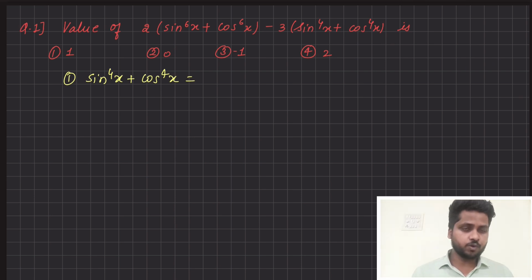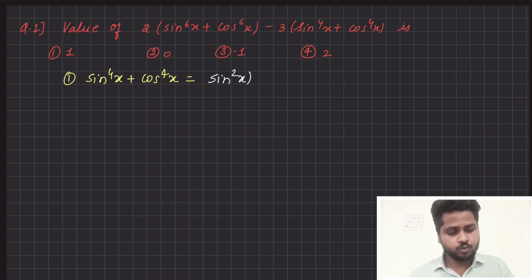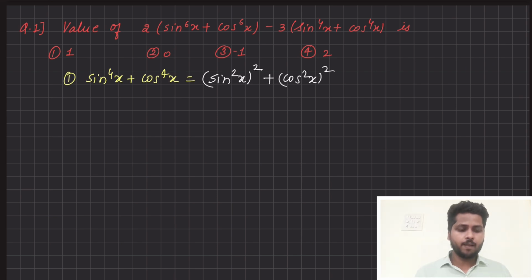Now sin raised to 4x plus cos raised to 4x is also written as sin square x whole squared plus cos square x whole squared, okay. I have a square plus b square.